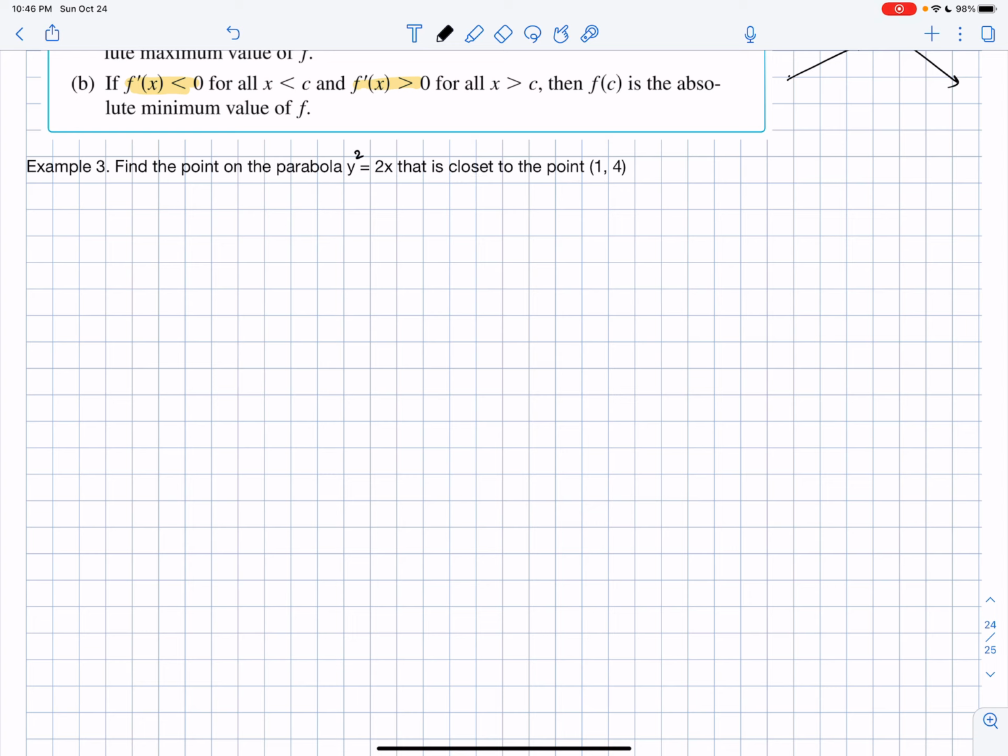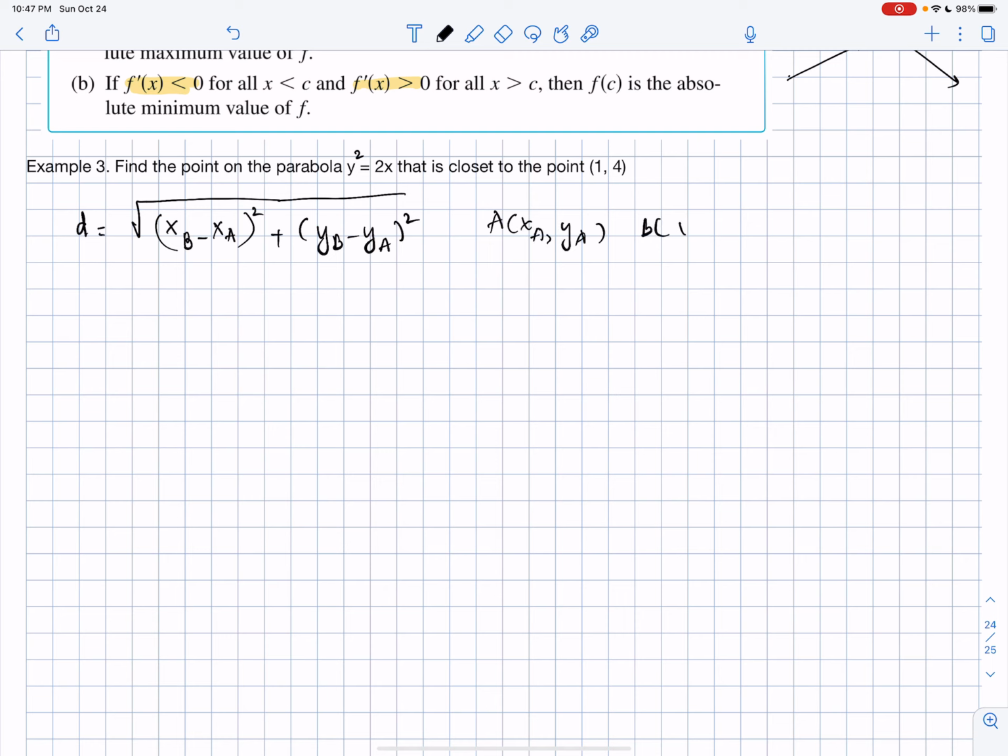So we recall that in algebra, we learned the distance formula between the point A and the point B: square root of (xb minus xa) squared plus (yb minus ya) squared, for the point A is (xa, ya) and the point B is (xb, yb).